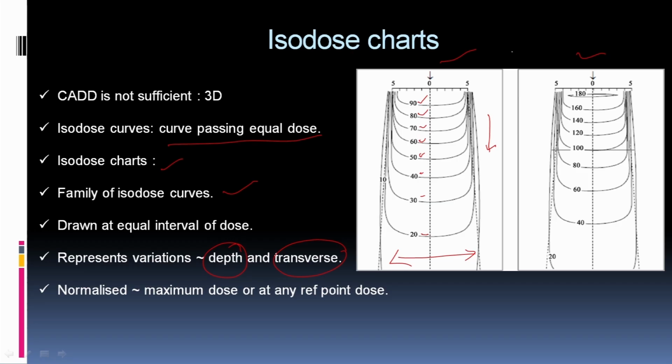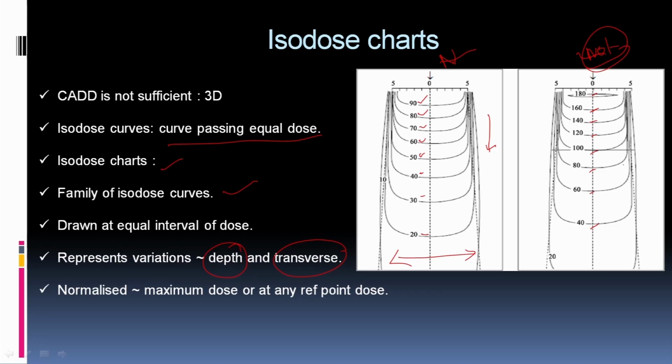Now you can see here two types of curve are shown. One is normalized and another is not normalized. So this is not normalized. In this type of curve generation, the doses are actually 180, 160, 140, 120, 100, 80, 60 and 40.